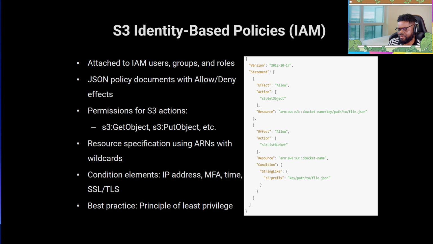The principle of least privilege should be even more applicable here because it's files and buckets. You don't want people who should not have access to get access to your files. So there is room for you to fine-tune the policies and make sure people can get access only to the files they should. And we'll see these examples.